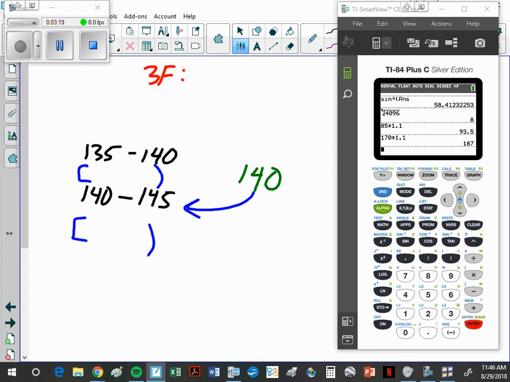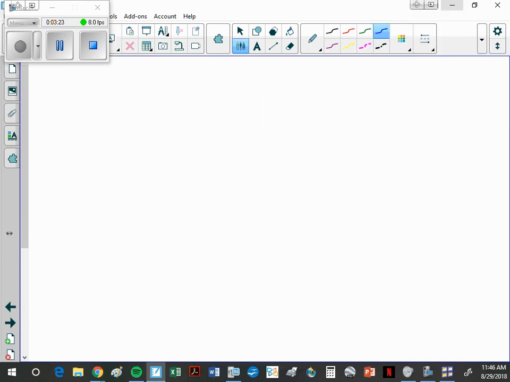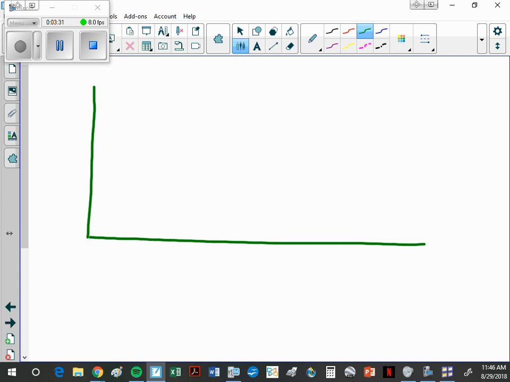So here's how you would do it. It starts at under 90. And I'm going to include the under 90 with the 90 and 95.